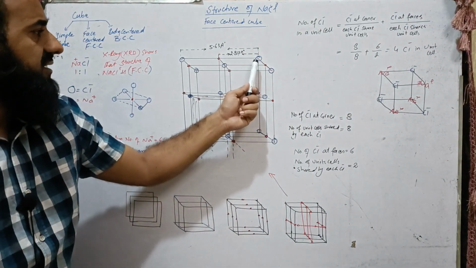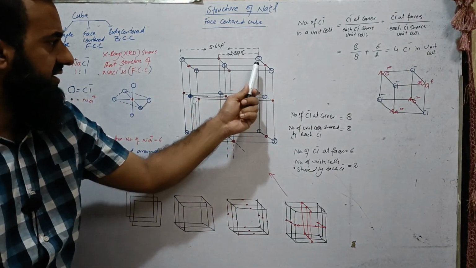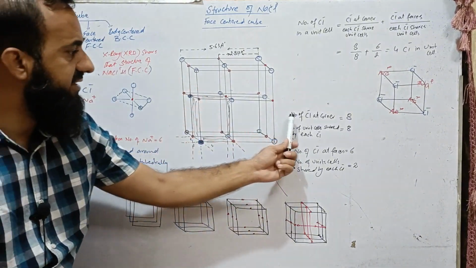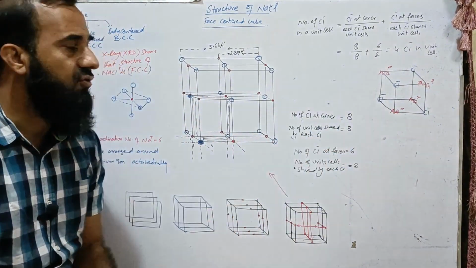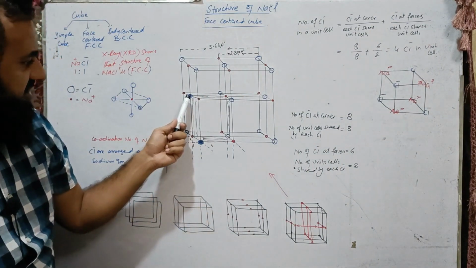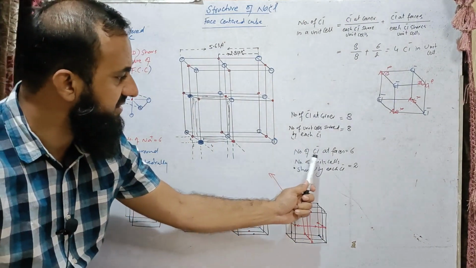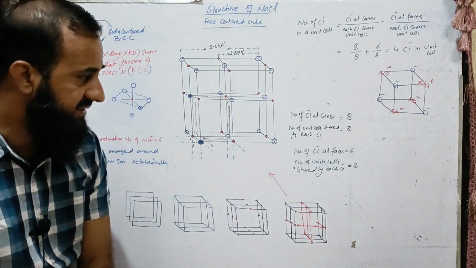So if we see the ions in this crystal, there are 1, 2, 3, 4, 5, 6, 7, 8 chloride ions present at the corners. And if we see the faces, 1, 2, 3, 4, 5 and 6, there are 6 chloride ions present at the faces.